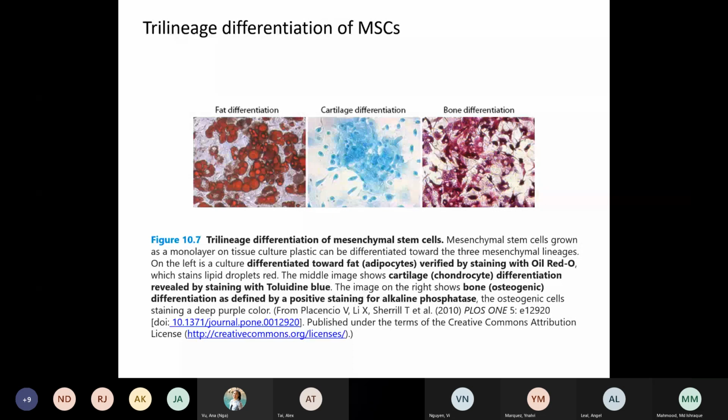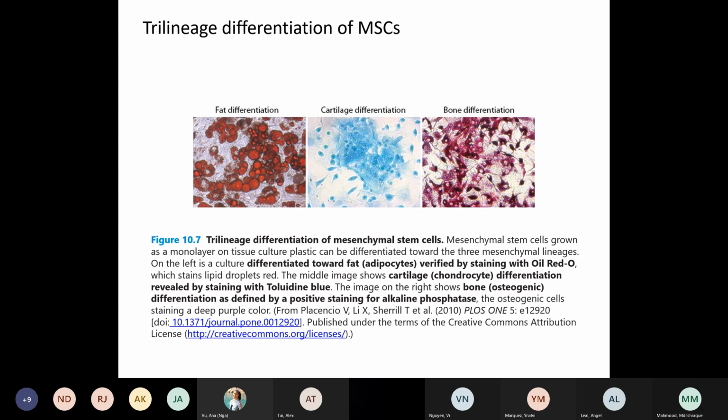So on this slide, I just give you a very typical study that describes the tri-lineage differentiation of mesenchymal stem cells. You put the cells in culture, you give them the right condition, sometimes including some growth factors, and now in individual culture vessels, with the correct culture condition, you demonstrate what these cells can do.